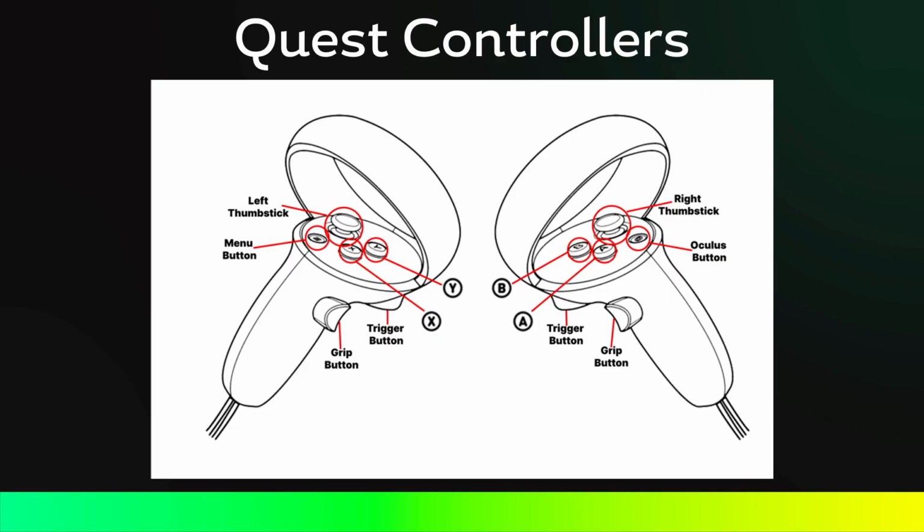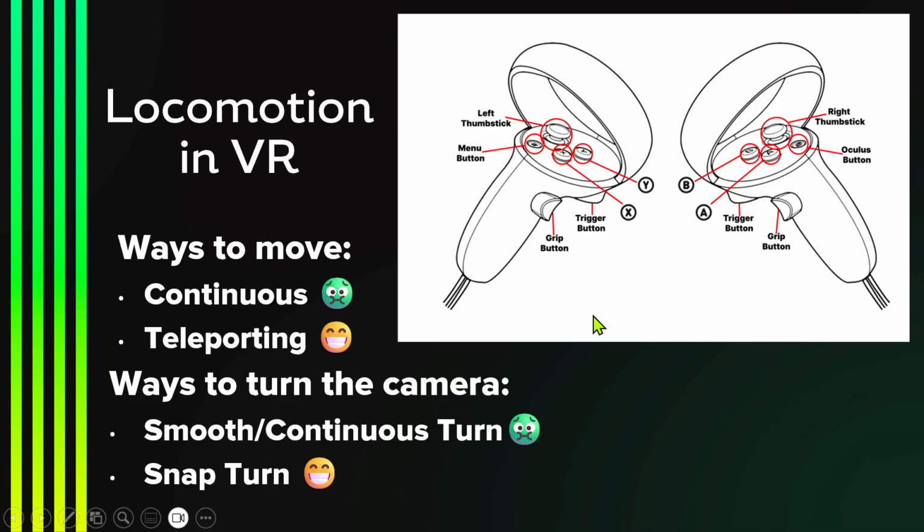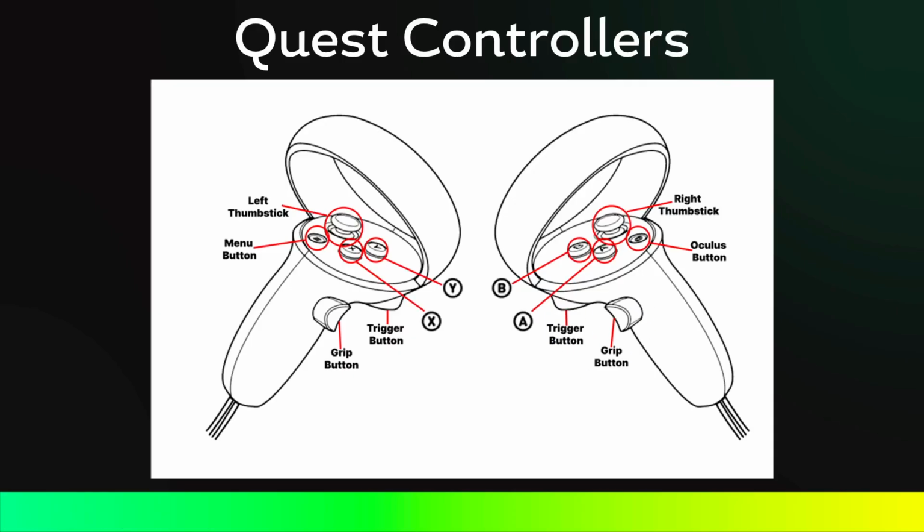The grip button is right here on both controllers, and it is pressed with your middle finger, and it is used generally for grabbing items, grabbing objects in your world.